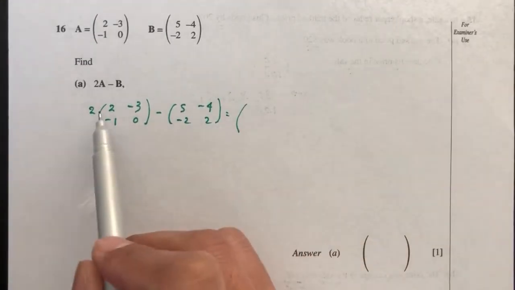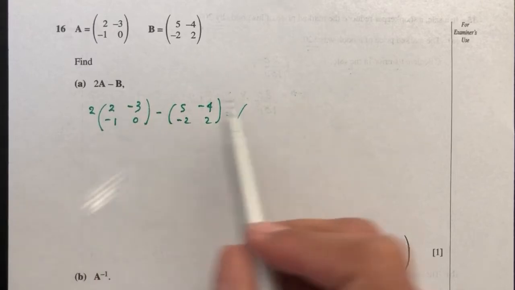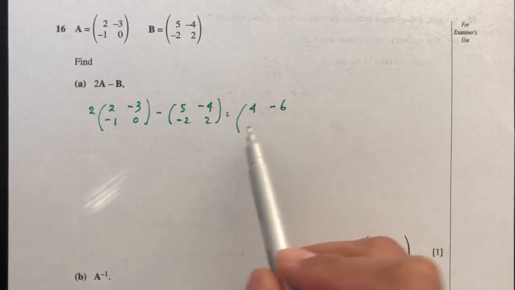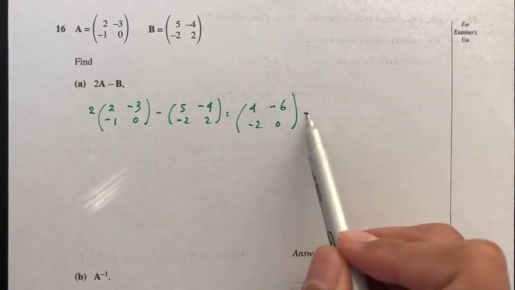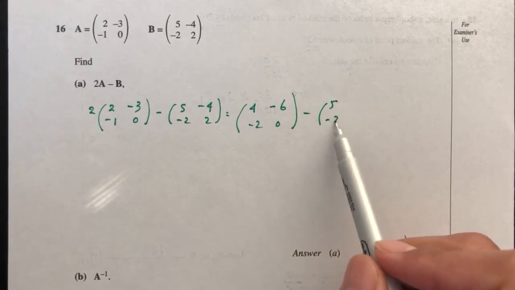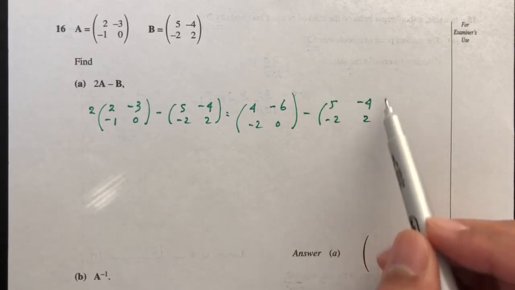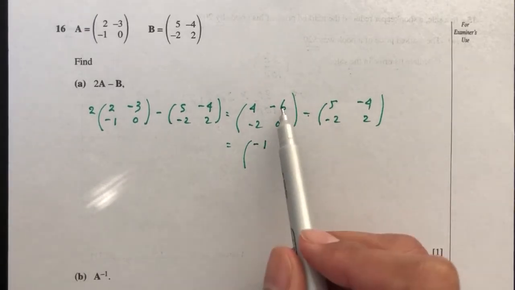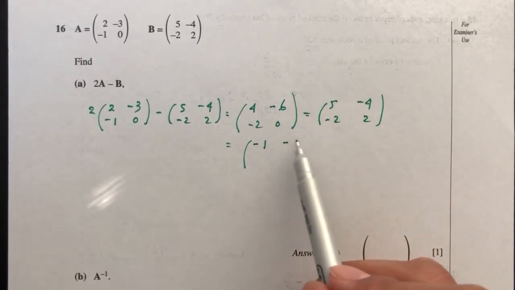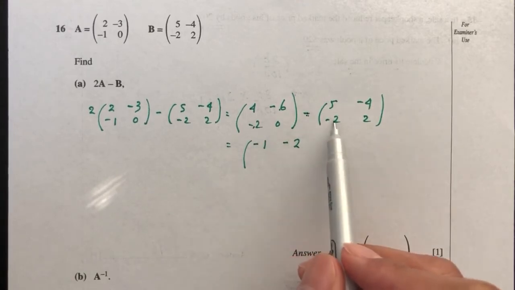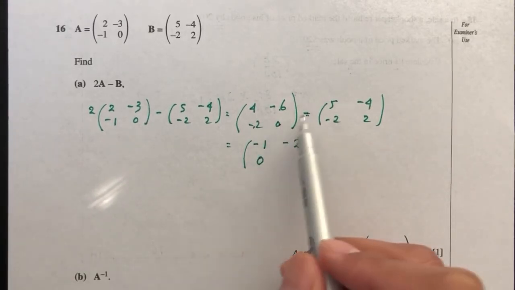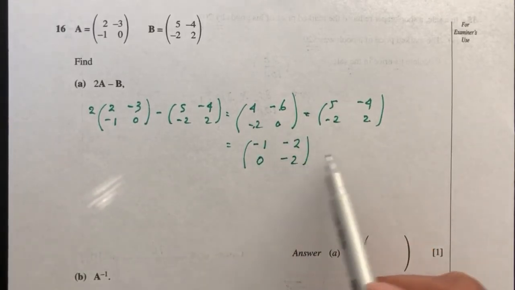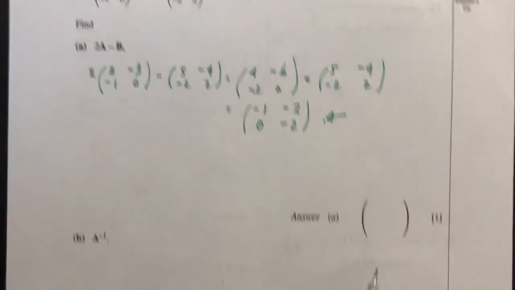So if we expand, let's bring the 2 inside, we have 4, minus 6, minus 2, 0, minus 5, minus 2, minus 4, 2. So 4 minus 5 will be minus 1. Minus 6 minus minus 4 will be minus 2. Minus 2 minus minus 2 will be 0. 0 minus 2 will become minus 2. And this is your answer for part A.